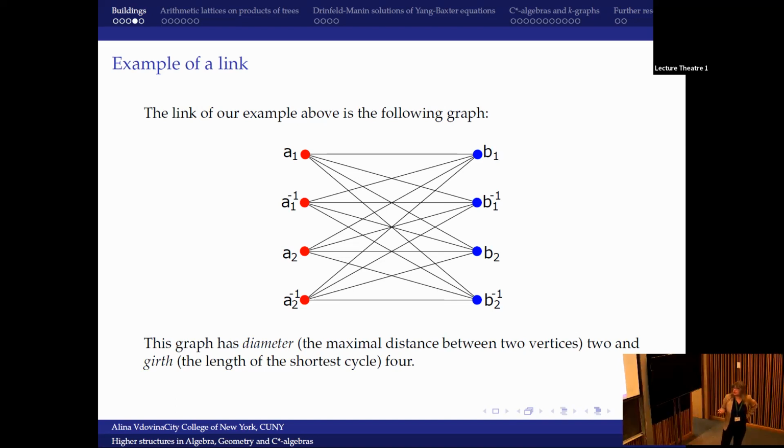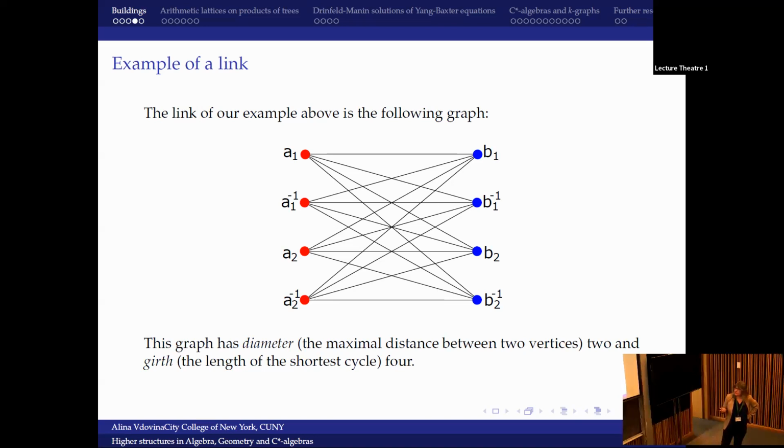It's a small reminder of terminology from graph theory. The diameter of a graph is the maximal distance between 2 vertices. So here it's 2. If you pick any 2 vertices, then the maximal distance is 2. And the girth is the length of the shortest cycle, which is 4.